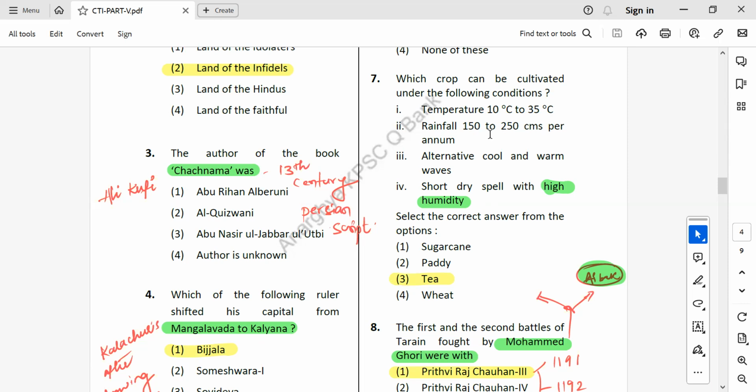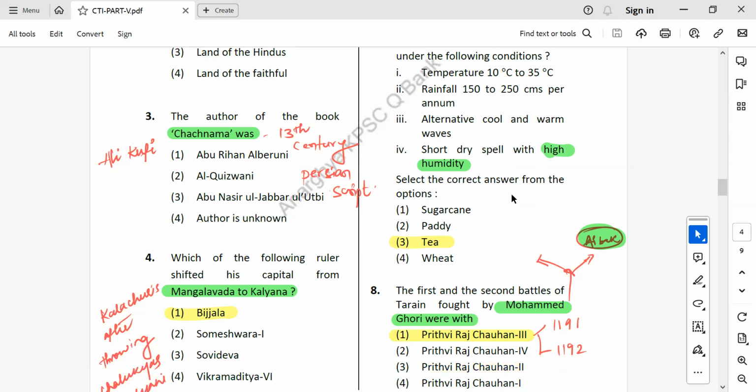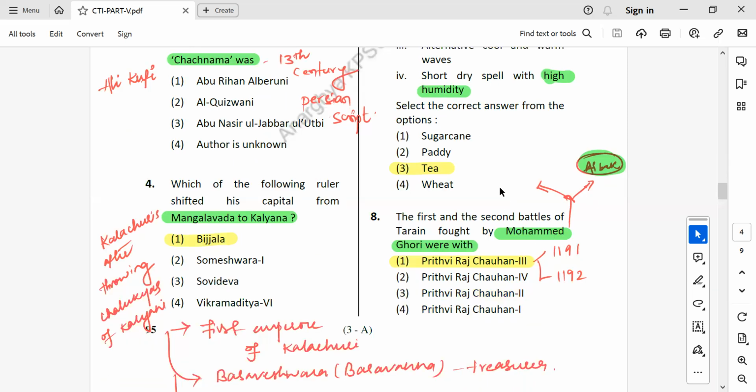Rainfall will also be moderate to high, and temperature from low to high. Even if we have confusion, high humidity is required for tea, because sugarcane, paddy, and wheat can't be cultivated in high humidity, as they will be prone to many diseases and pests. So this is a basic concept.